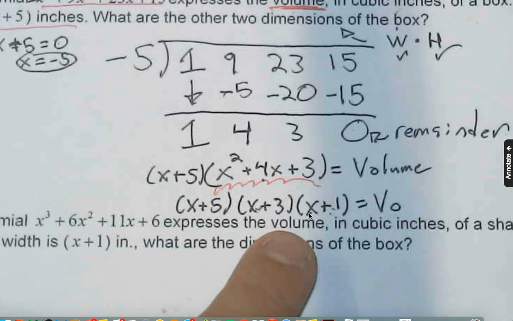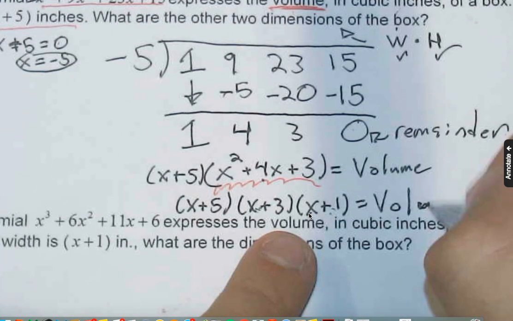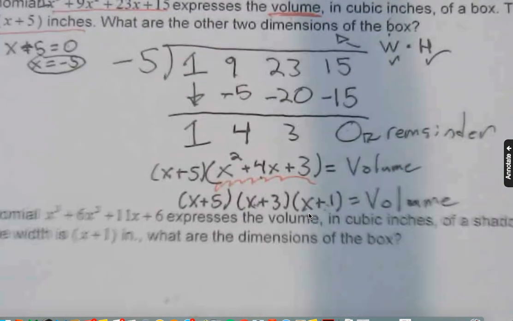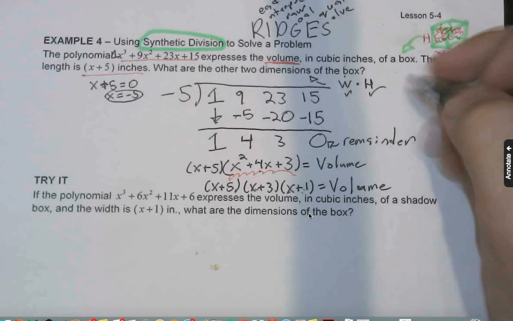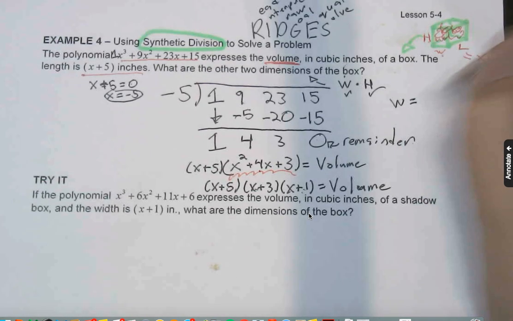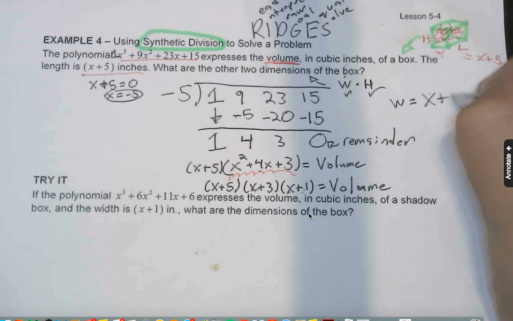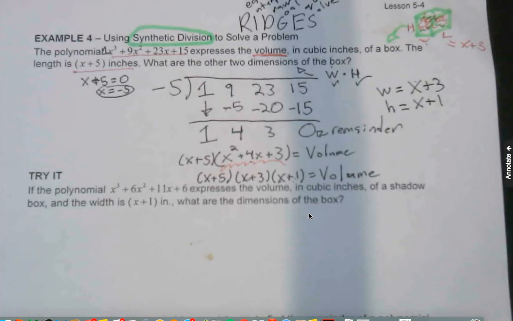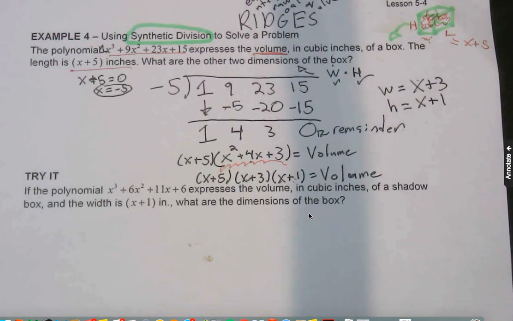I'm not too picky on which one. There's no real way to decide on which one's which. But we can say that the width is x plus 3, the height is x plus 1. So those are the two dimensions that we're missing.